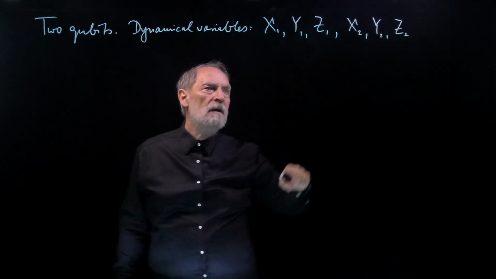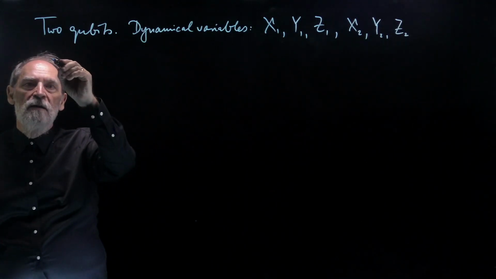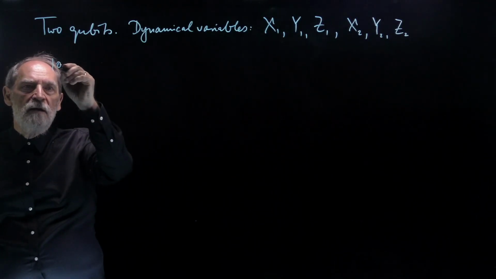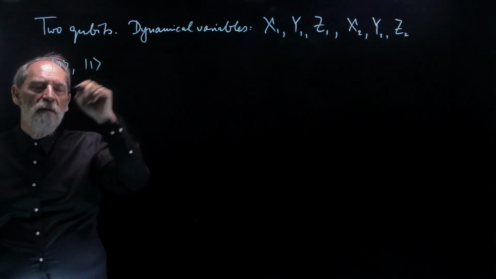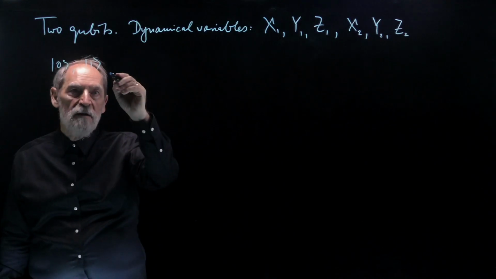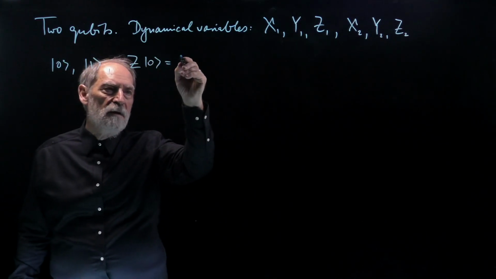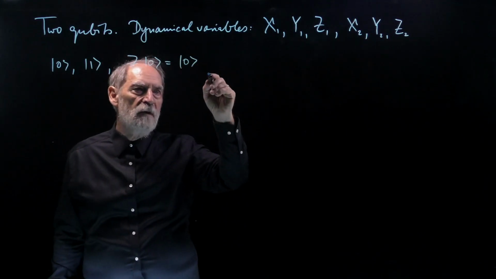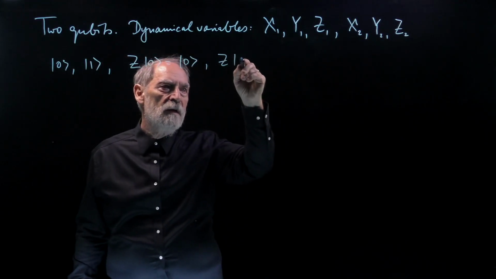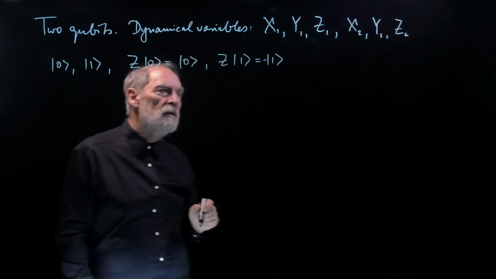And so let's take as the basic kets and bras that are labeled by 0 and 1, such that for a single qubit, z applied to 0 is 0 itself, so this has eigenvalue +1, and z applied to 1 is -1, so it has eigenvalue -1.